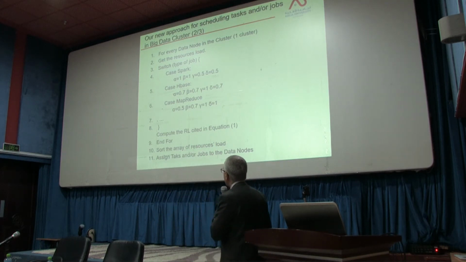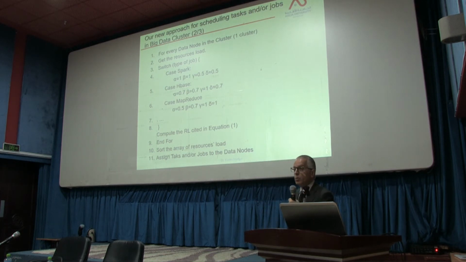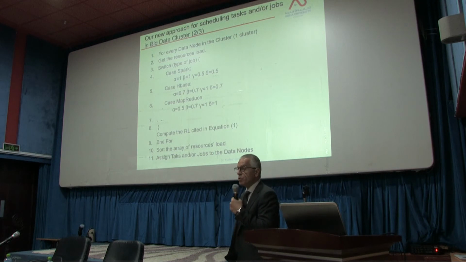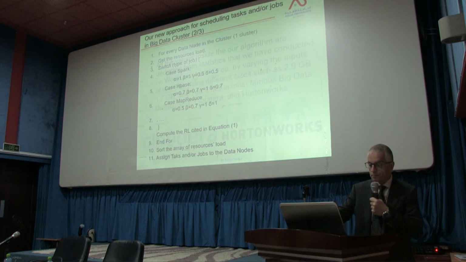For example, if Apache Spark is being used, we'll have these values, and likewise for HBase and MapReduce, and of course we'll compute that in this pseudocode in front of you. Then finally, we'll assign the task to the job.